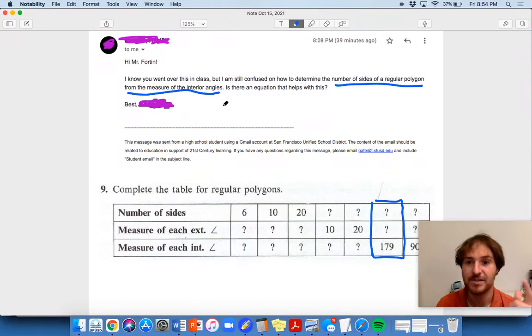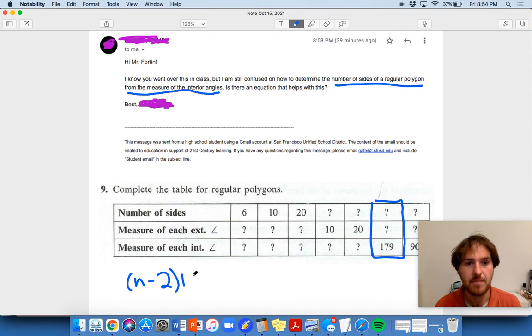We'll talk about this exact situation here. Okay, so here you have the measure of each interior angle of a regular polygon. When this happens, when you're thinking about interior angles, maybe you're thinking about that very well-known formula, the interior angle sum formula. That's where a lot of people's brains go first.